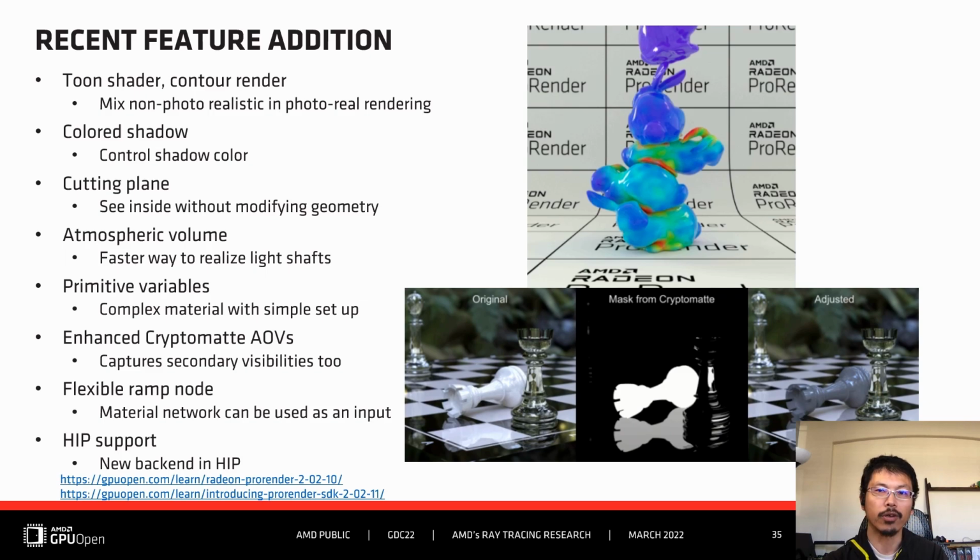And then this stress is stored as primitive variables and passed to the shader. We could realize this with the existing features. However, having primitive variables makes the setup very easy, and you can make a very complex material or interesting look very easily. This is one of my favorite features we added recently.